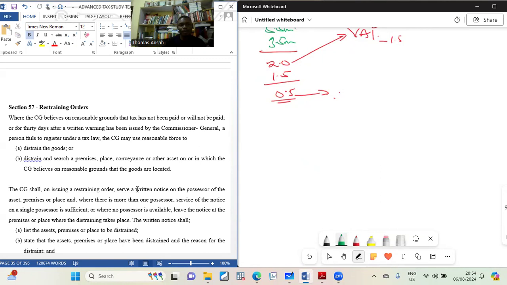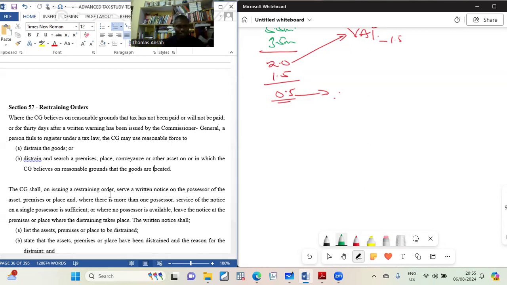On reasonable grounds that you have not paid your taxes or you will not pay your taxes, after a 30 days warning, come and pay, he has the right, with reasonable force, to distrain the goods, which is another way of saying detaining, or to search your premises, or any place that you are.